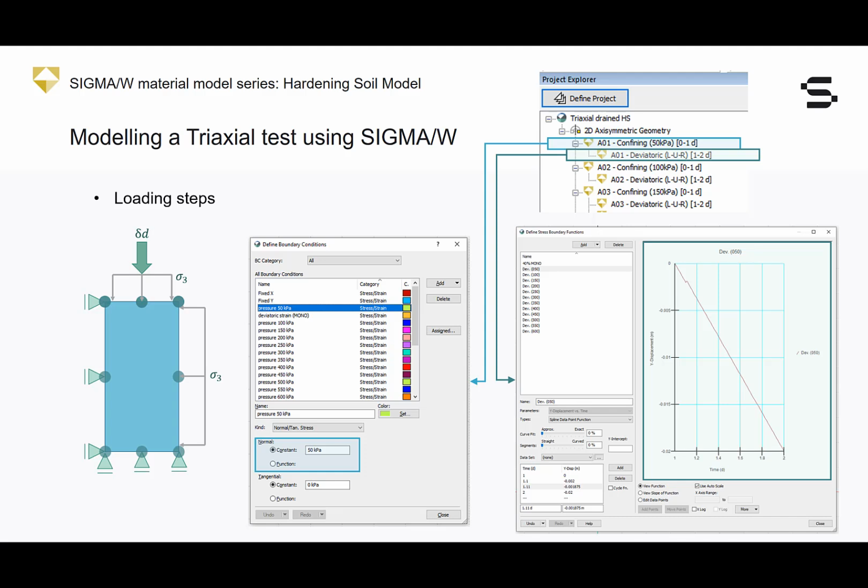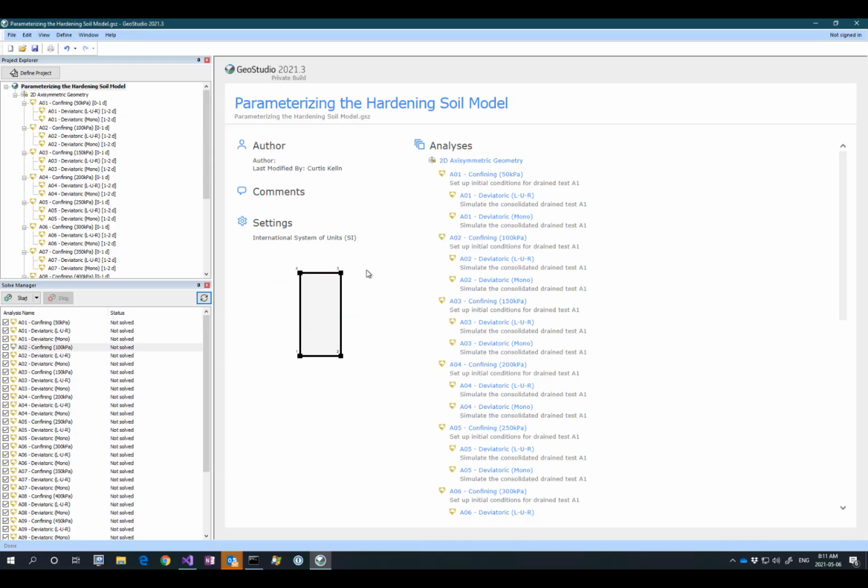The displacement spline data function contains a small blip just before an elapsed time of 1.2, and this is the unloading-reloading phase.